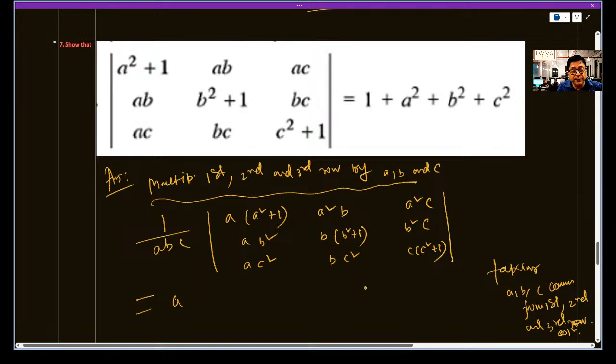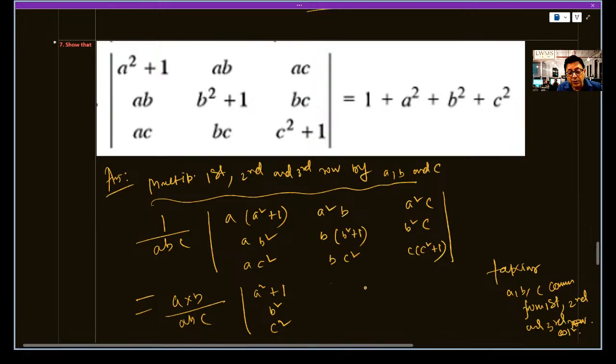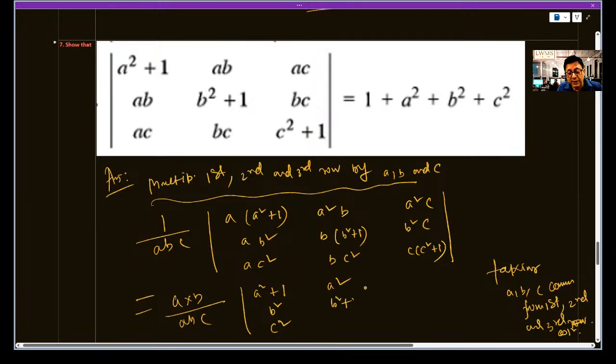So you keep A from here, then what do you get? A square plus 1, B square, C square. B from here, what do you get? C from here. Isn't it?